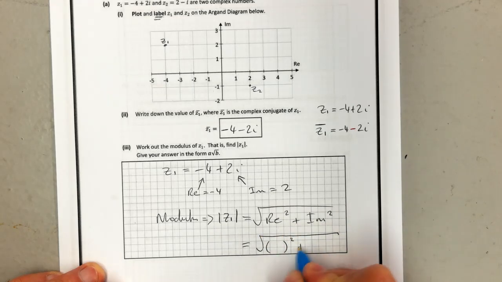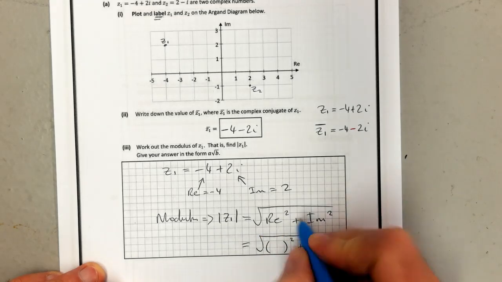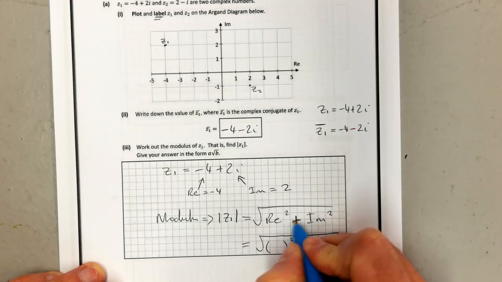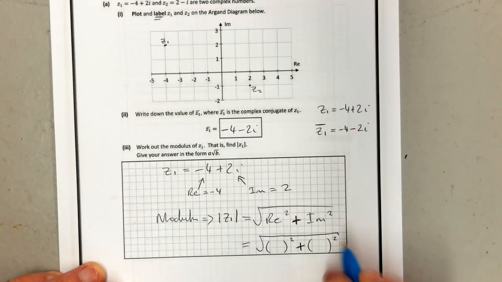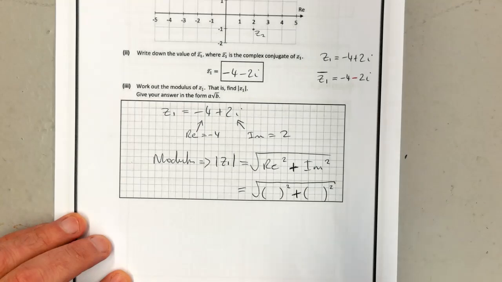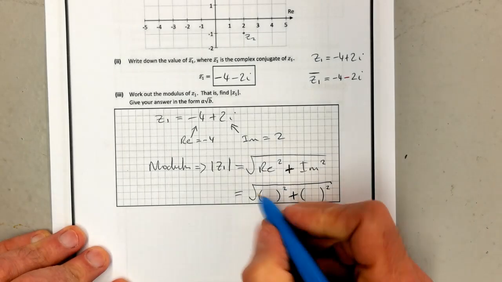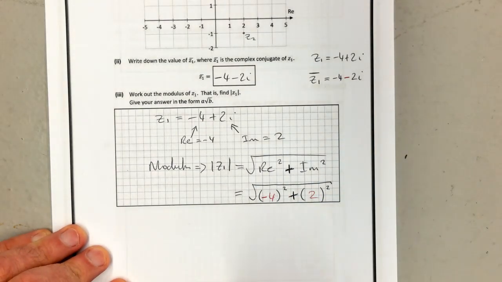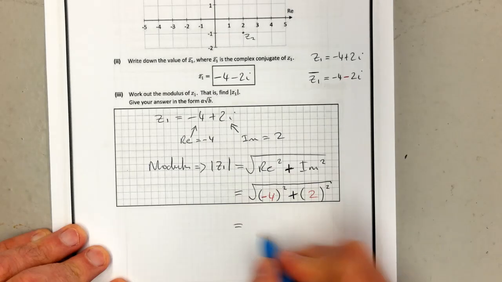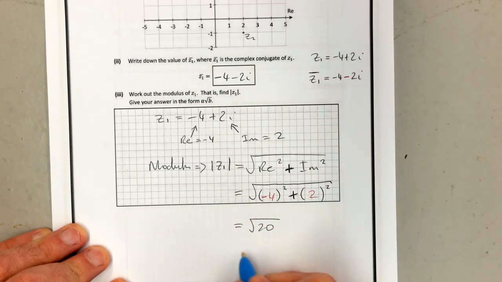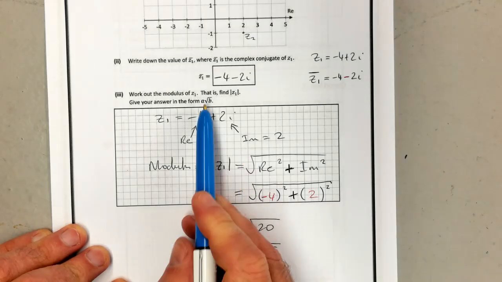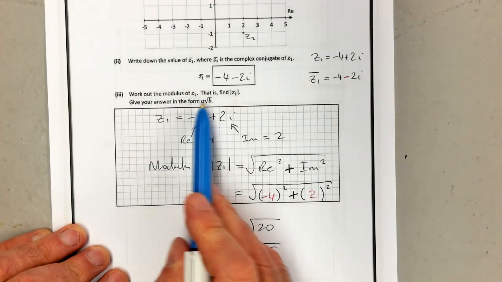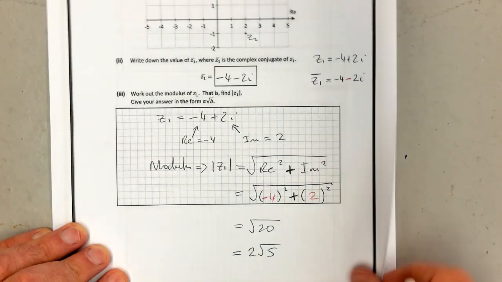Brackets there for the real part, brackets for the imaginary part, and that will always be a plus in the middle, it will never change. Now I fill in: the real part is minus 4, the imaginary part is 2, and we end up getting, if you do this in your head, square root of 20. You do it on your calculator, you get 2 root 5, and that's what it's asking you for in the form a root b.